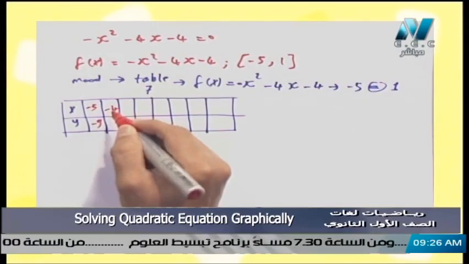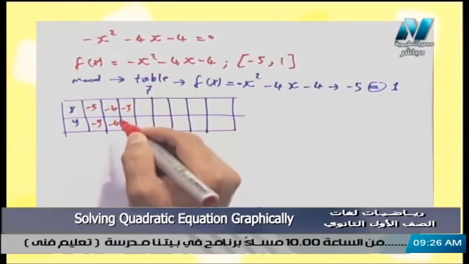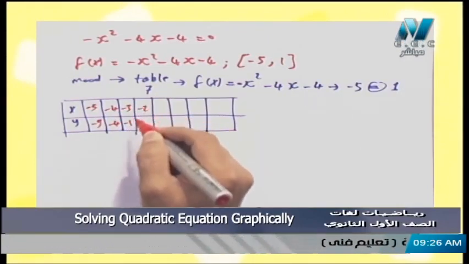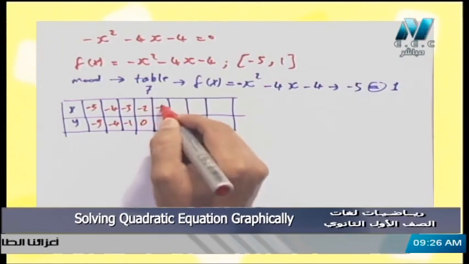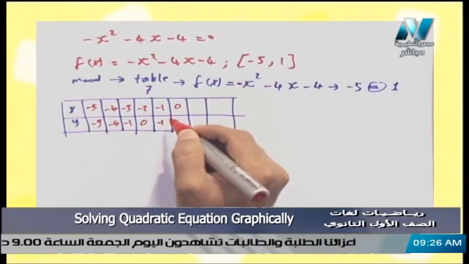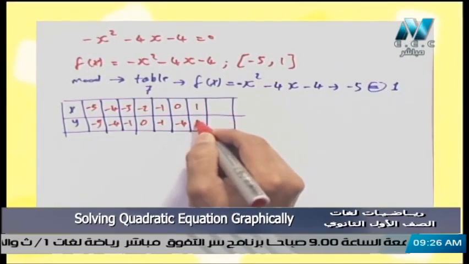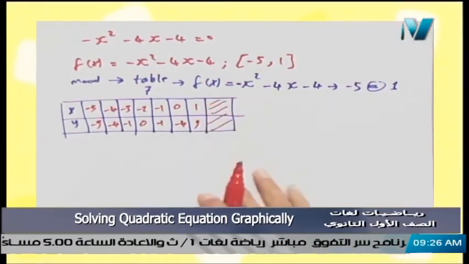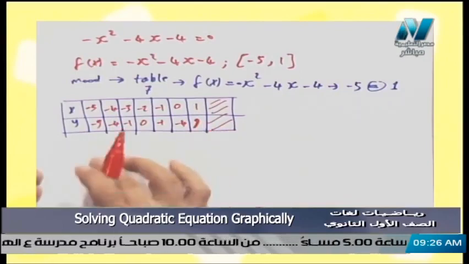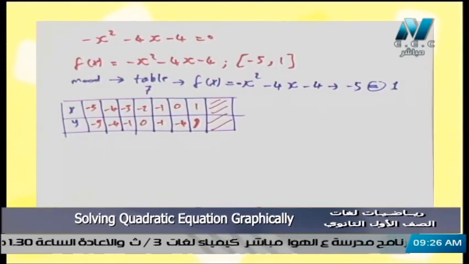Negative 4 gives negative 4. Negative 3 gives negative 1. Negative 2 gives 0. Negative 1 gives negative 1. 0 gives negative 4. And finally 1 gives 9. Okay, we have now completed the table. It remains to draw the graph.